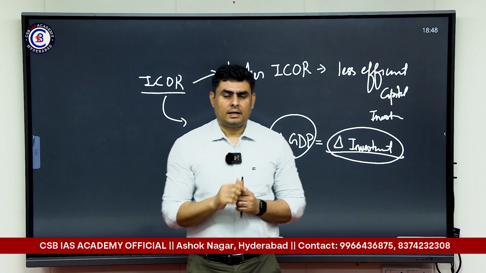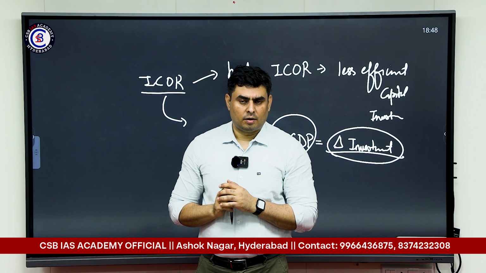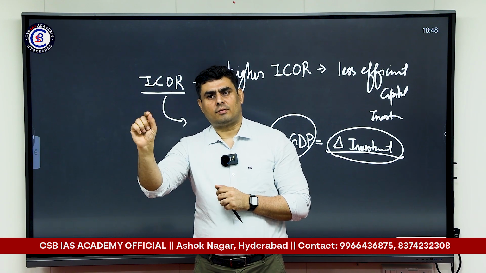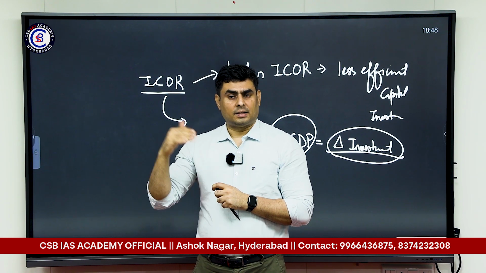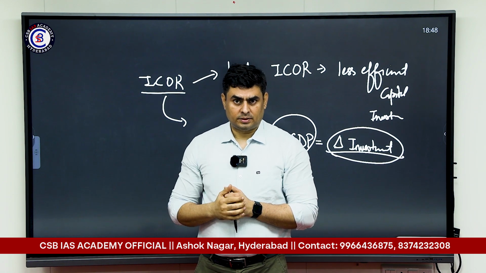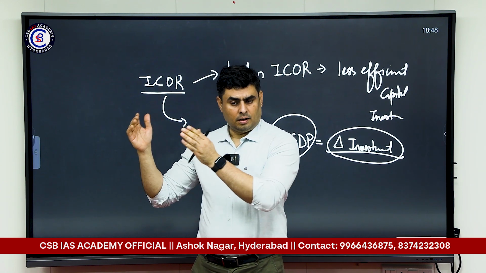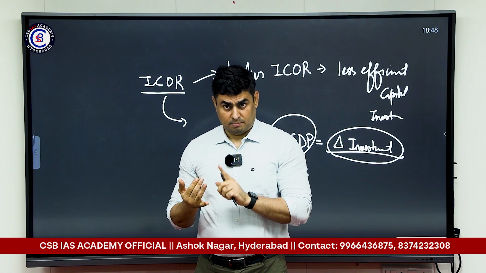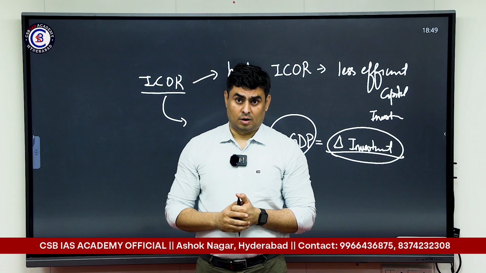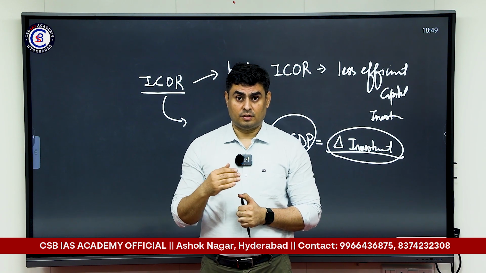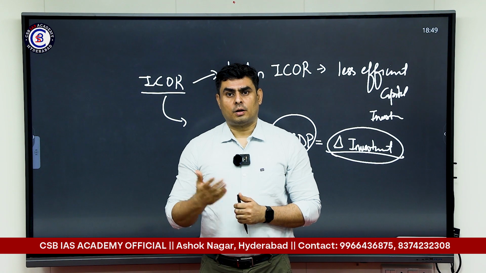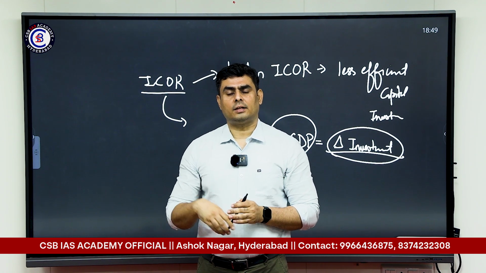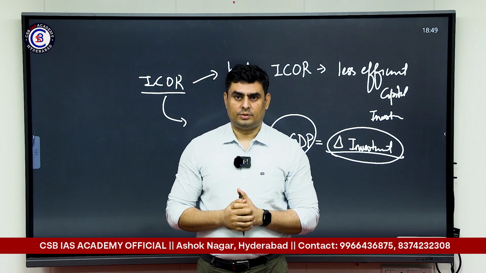But suppose India's ICOR is 5, and you mention in your answer that India's ICOR is 5, whereas other countries like the tiger economies, the ASEAN economies such as Singapore, Vietnam, Indonesia and Malaysia, are called tiger economies because they achieved phenomenal growth from 1990 to the early 2000s.